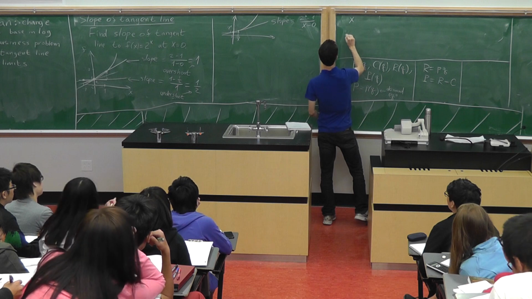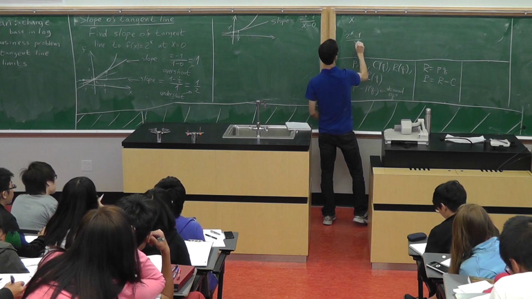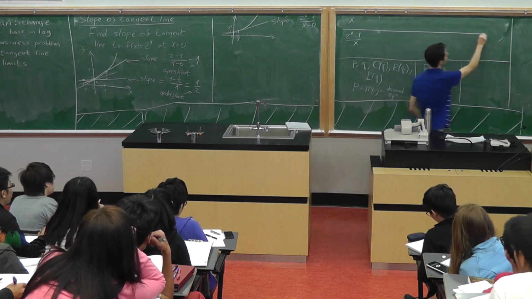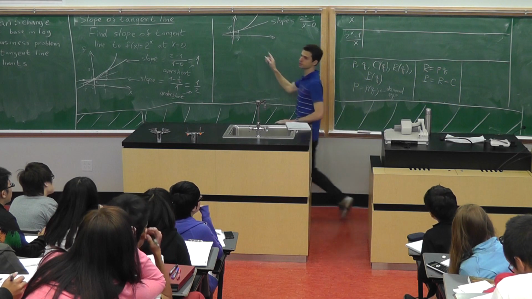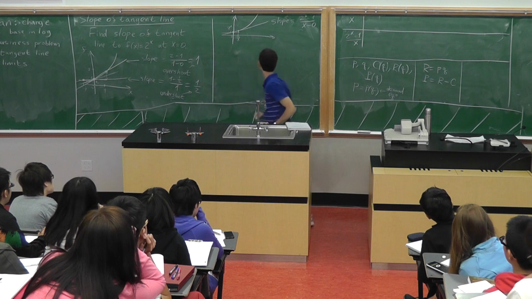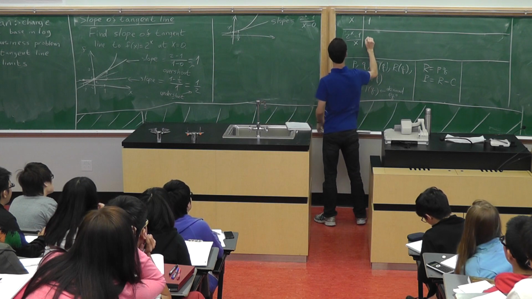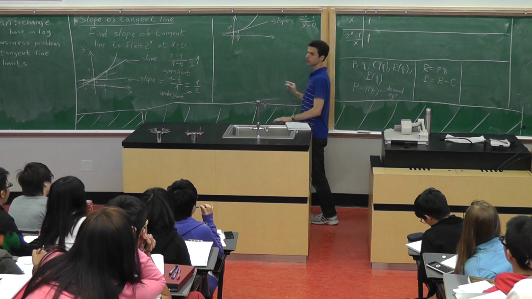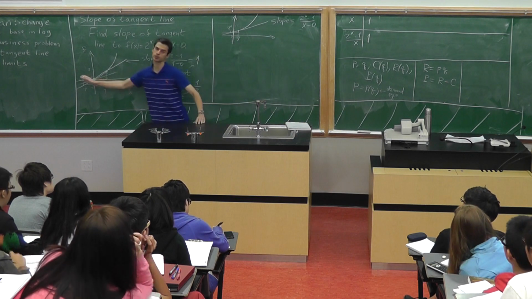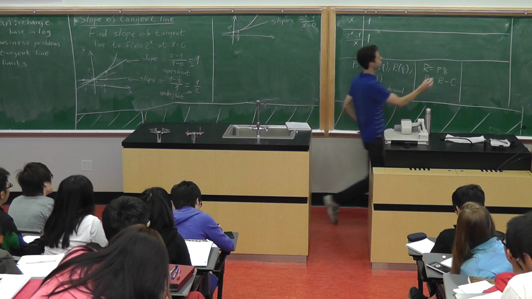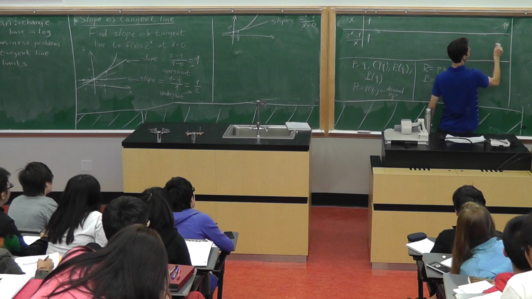So let's make a table of the slopes. We know if we take x to be equal to 1, the slope is 1. If we take x to be equal to minus 1, on the other side, you'll get slope of 1/2.